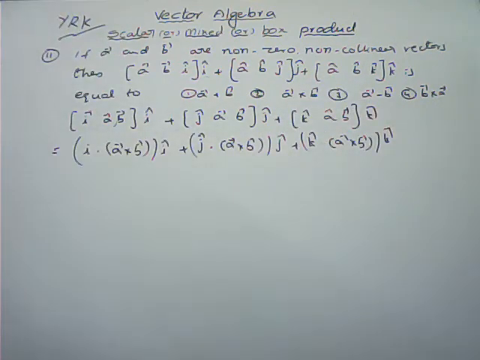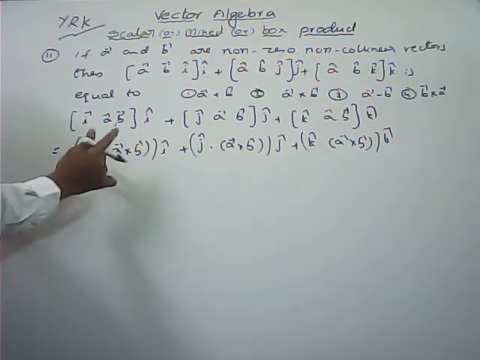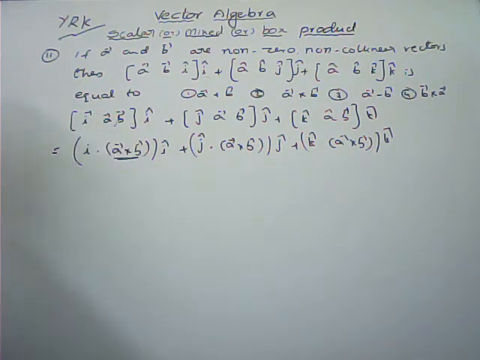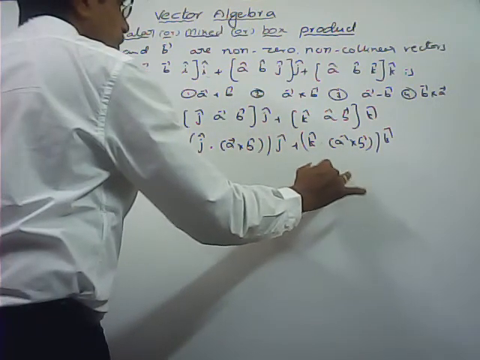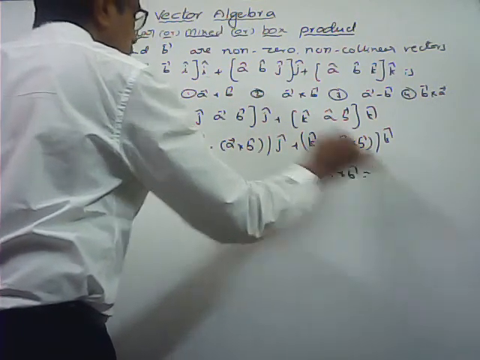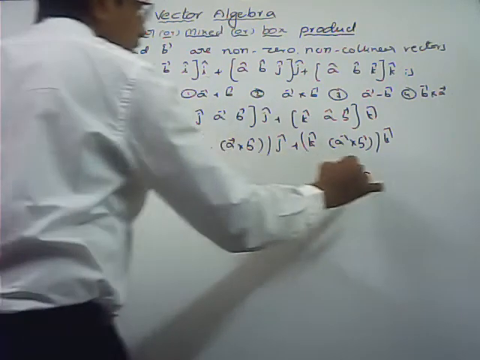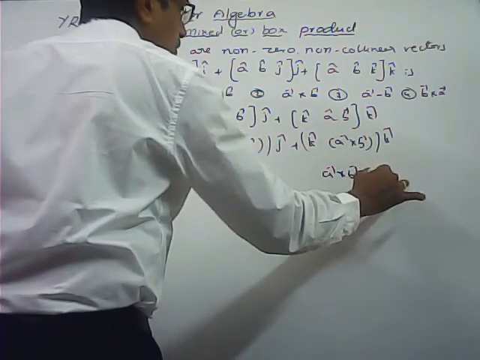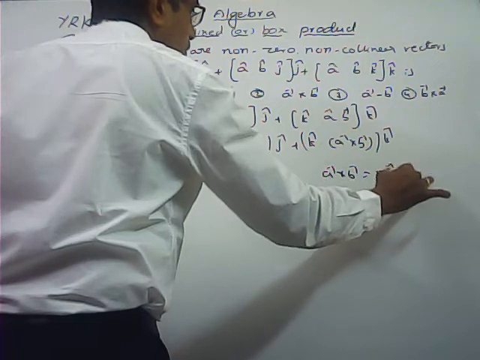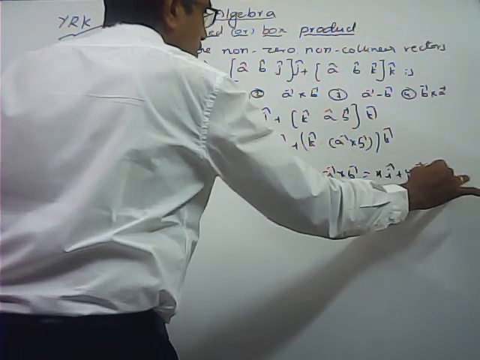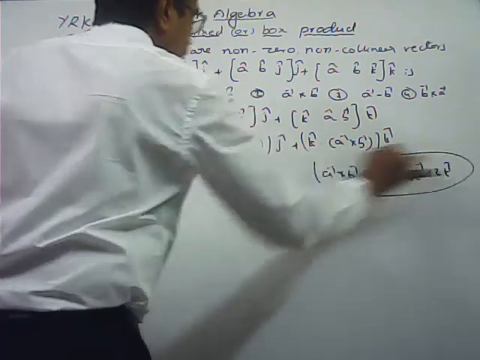Everywhere a bar cross b bar is there. This is the vector only. A bar cross b bar, that is the cross product or vector product we can say. So here I am taking a bar cross b bar, that is equal to, you can take any one of the vector, x I cap plus y j cap plus z k cap I am taking.